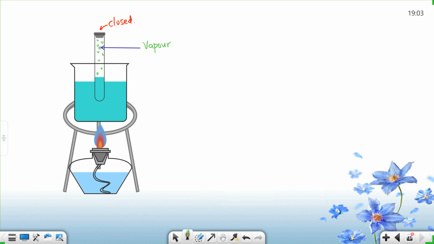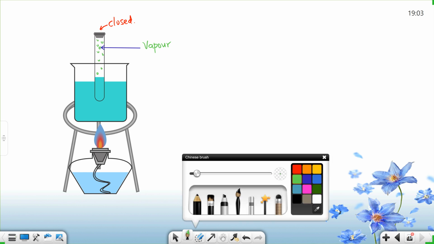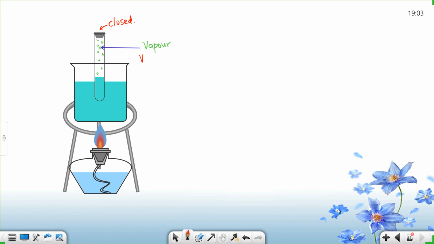Pressure starts building up, and that's why you see your lid bouncing. Now, that vapor creates what? Pressure. The vapor creates pressure. And why is that? Why do we have pressure? Because it is closed. I hope it makes sense. You don't even need to go to school to see that. It's closed.